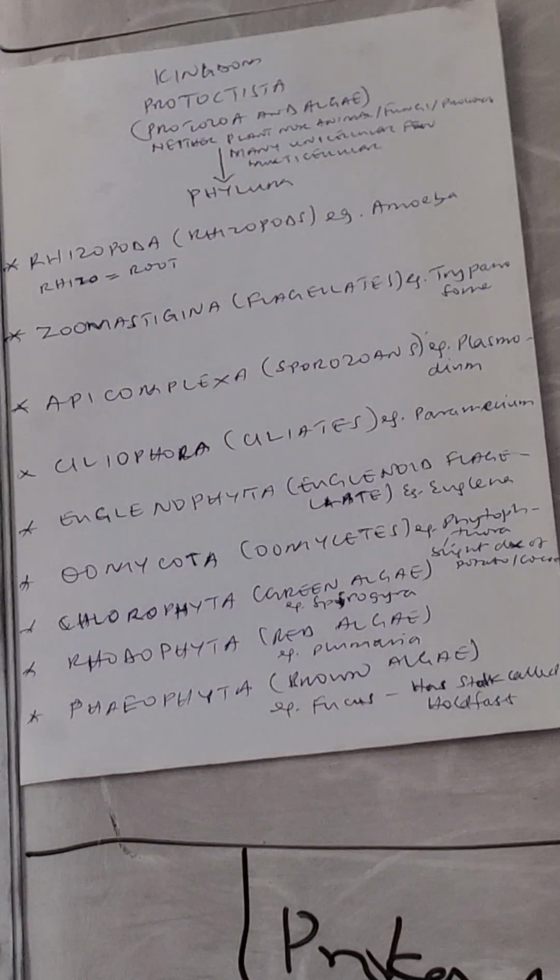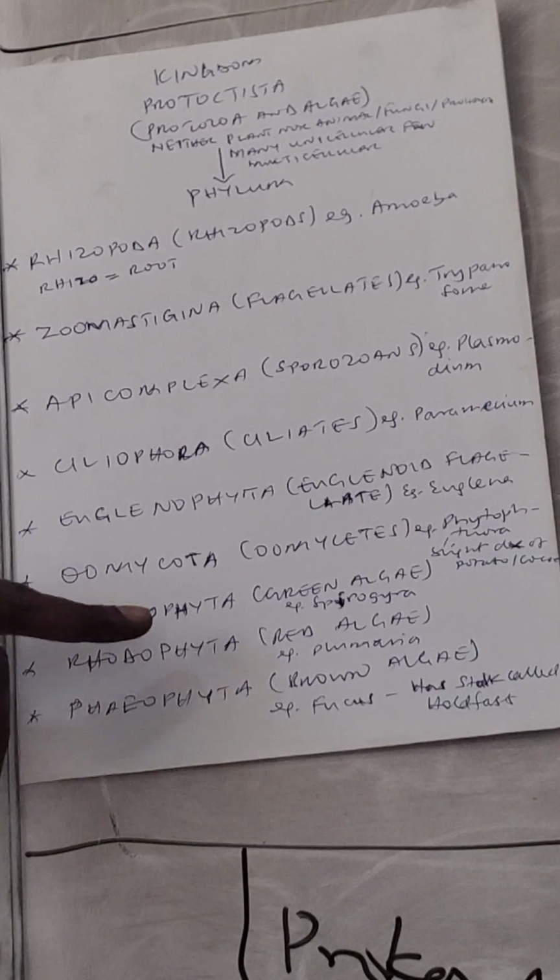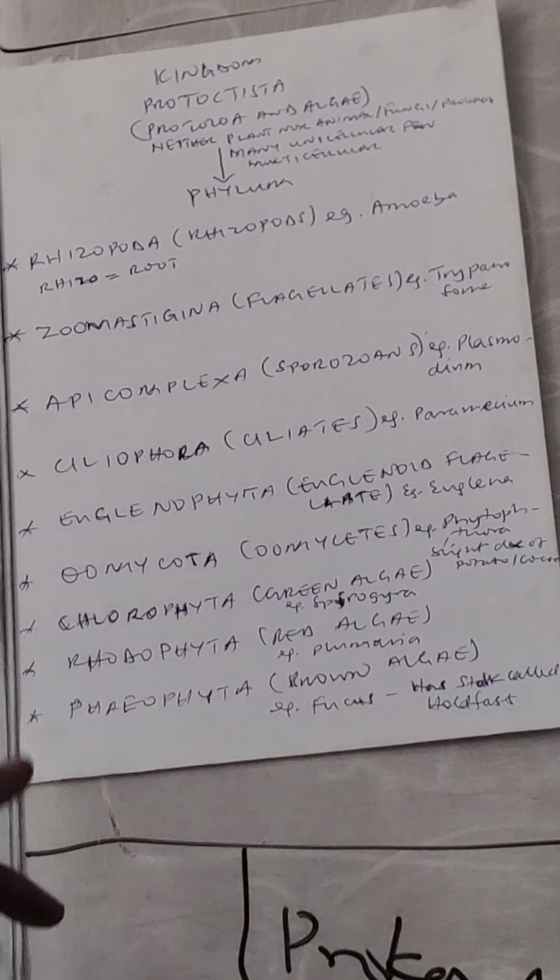Right, so these are the Prototista group, okay? So the main ones that we'll be looking at are Oomycota, Chlorophyta, Rhodophyta, and then the other ones, just look at them.